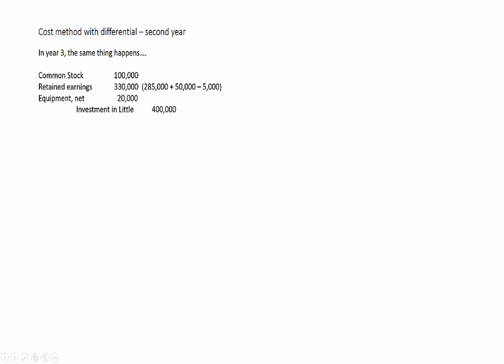We close that against Big's $400,000 investment in Little balance. The other $50,000 is again an adjustment to retained earnings because for a second year running, Big did not report enough investment income, which means they're continuing to understate their retained earnings. Then there's the last year's amortization and the last year's worth of investment income and dividends declared eliminations.